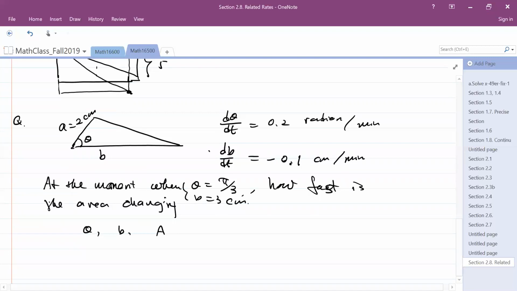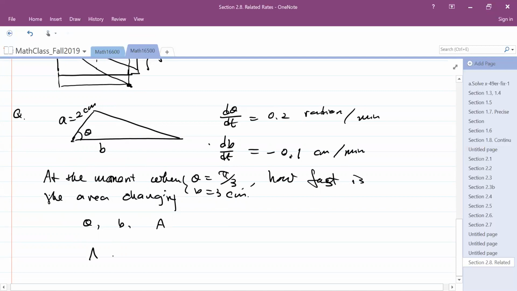It's pretty similar to the above problems. You have to find the relationship between theta and b, and the other side a is fixed. How many of you know the formula for the area in terms of b and theta?